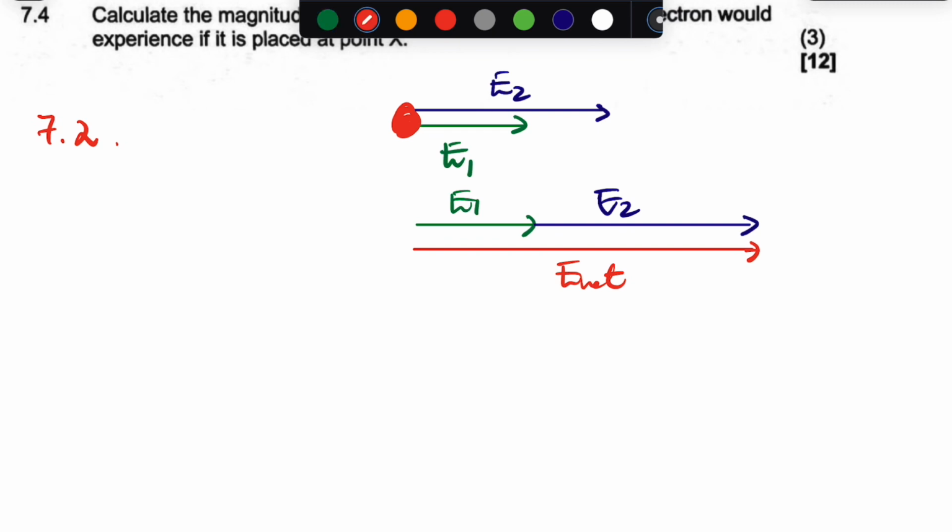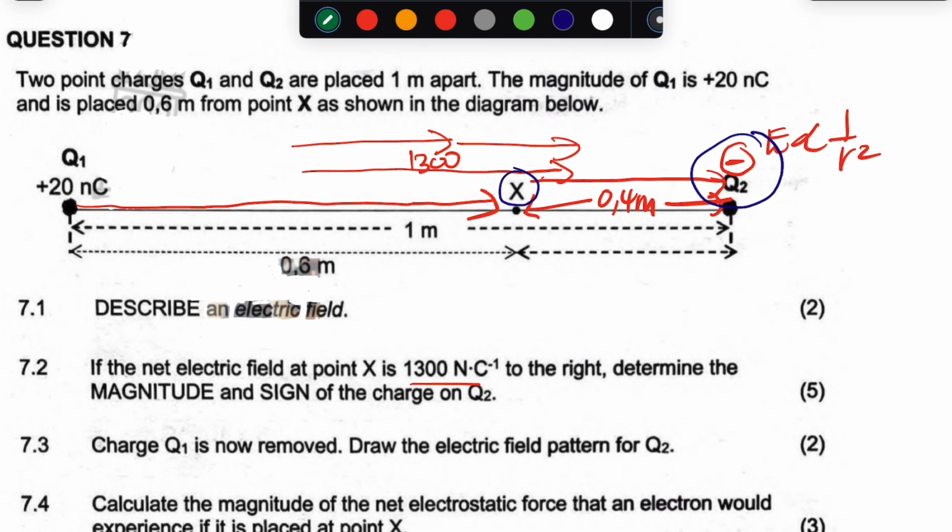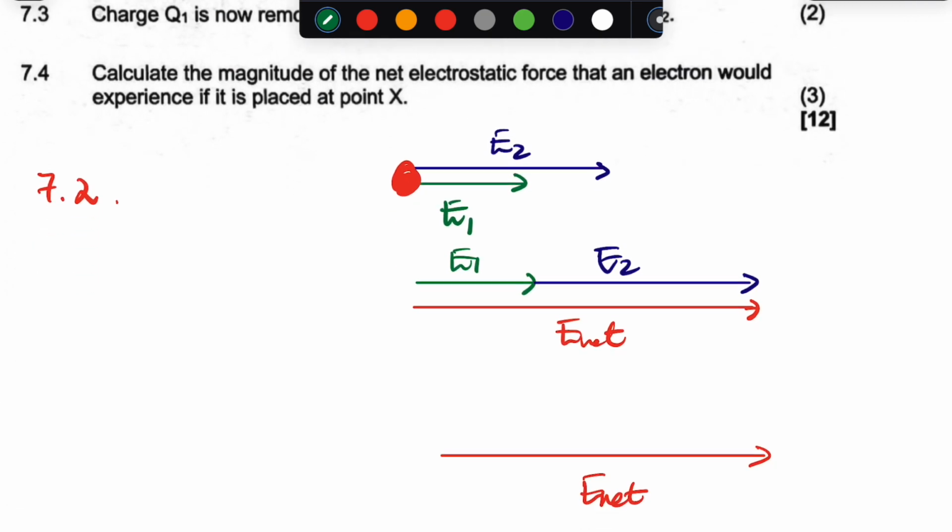Okay, we are told the E net is going to the right. Here's the E net. We know that the direction of the electric field of Q1 is going to the right because Q1 is positive, and the field lines go away from it.